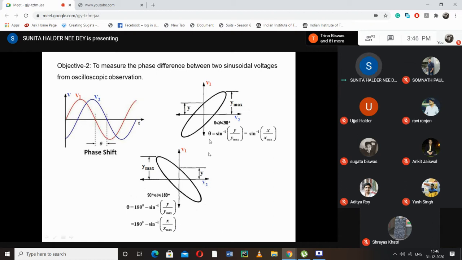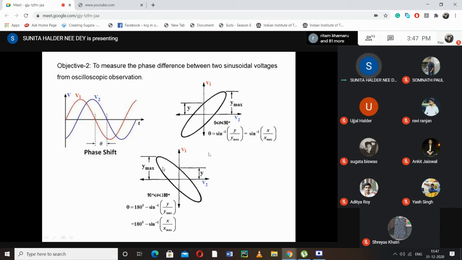So here, the phase difference theta means V1 is theta angle leading from V2. Here also, V1 is 180 minus sine inverse x by x max angle leading from V2. Always it gives the angle of the signal of the vertical axis with respect to the horizontal axis.